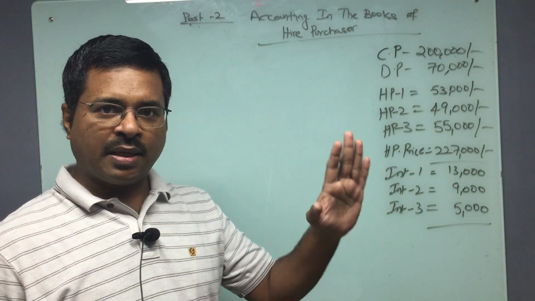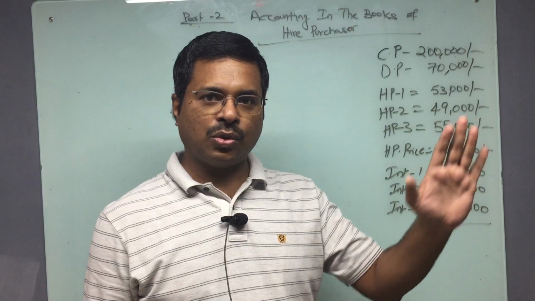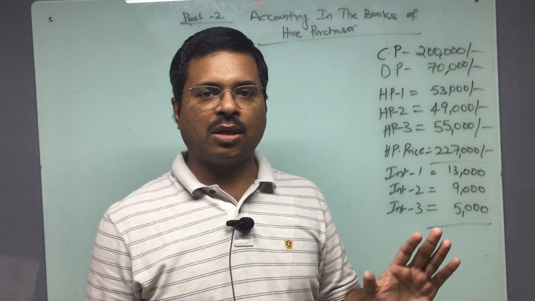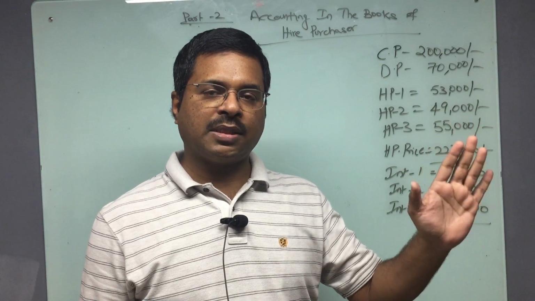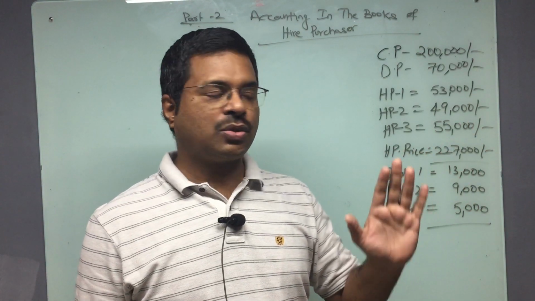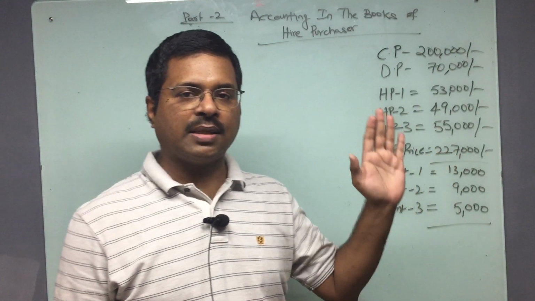There is a written agreement that on satisfying conditions like payment of all installments and interest, the hire purchaser becomes the owner of the asset. So we record it as asset purchased.